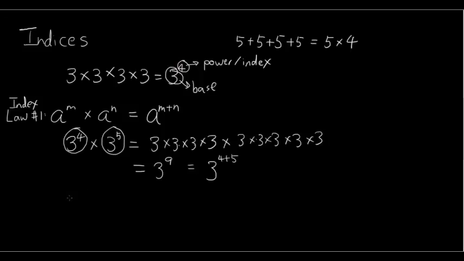Now the second index law says, actually let me just start a new page. So index law number 2 says a to the power of m divided by a to the power of n is a to the power of m minus n.